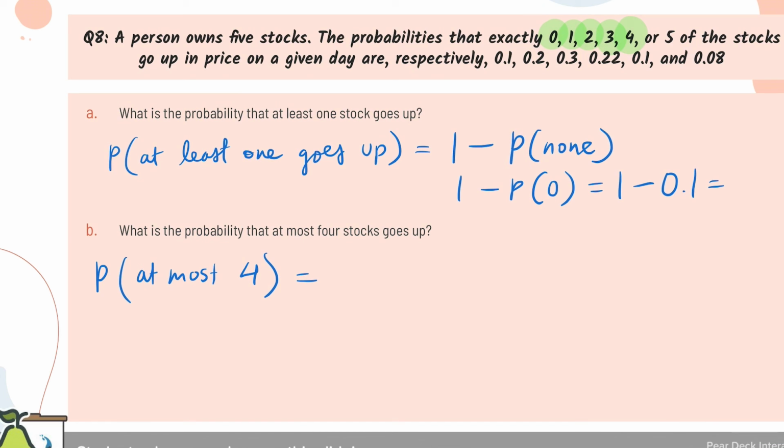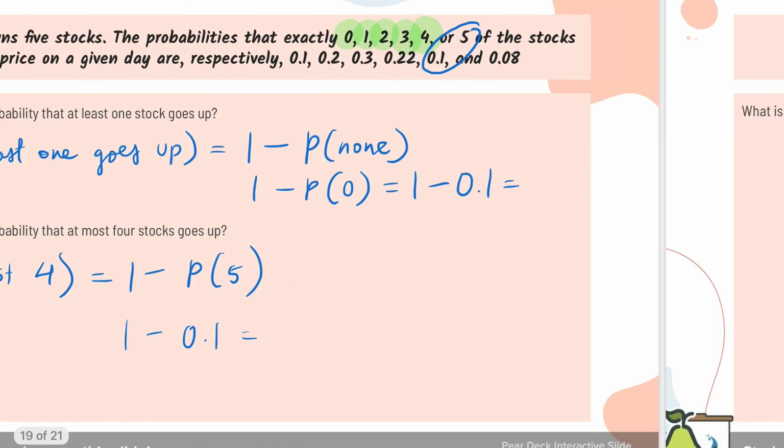So all of these work. Because all of this works, might as well just do 1 minus this value. So that is 1 minus 0.1, and then that should get you that answer. Hopefully I did that right. At least one, which is, oh yeah, I think this is a coincidence because it's 0.1 for each.